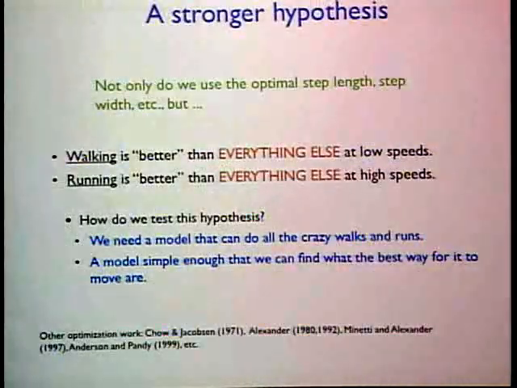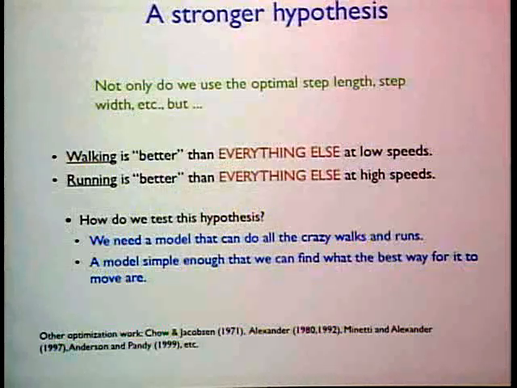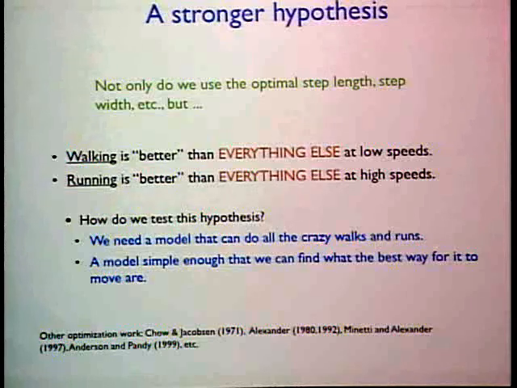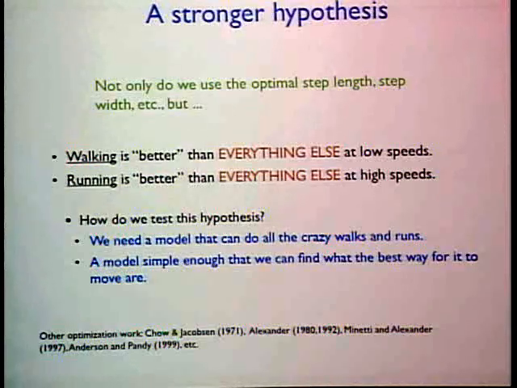Okay. So earlier in the first part of the talk, I showed examples of energy optimality for speed in particular. But here we are not just talking about speed, but actually the way in which each of our segments move. So to actually be able to predict how each of our segments move as a function of time, you want a stronger hypothesis.